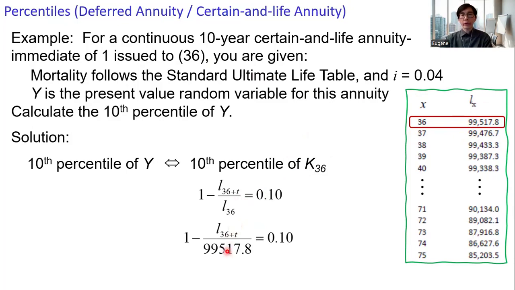And then solving for L36 plus t, we get 89,566. And according to the table, this corresponds to the age between 71 and 72. Assume the individual dies between these two ages, and this corresponds to the value K36 equals 35.